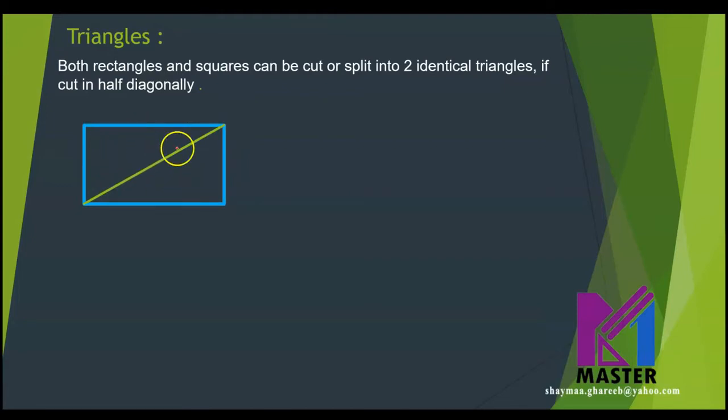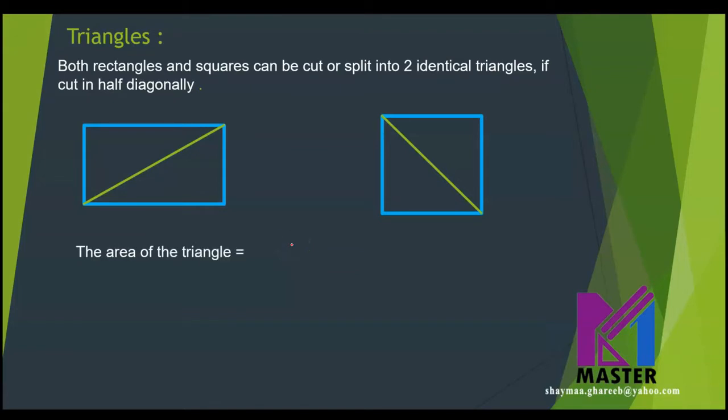This triangle is exactly the same size and area as this one. If I have a square, I can also cut it diagonally this way to form two identical triangles. As you can see, this one and this one. Is this clear?